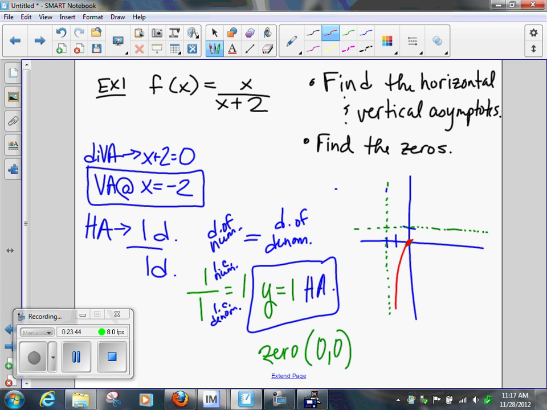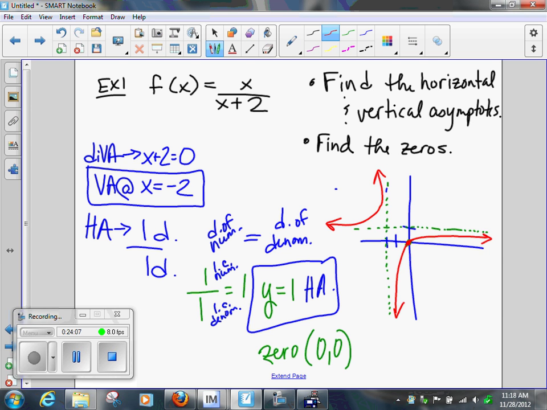I think it looked something like this. You guys agree with that? Check it with your calculator. Make sure I'm right in my sketch. Right on? Don't make this difficult. I mean, I'm explaining this to death.